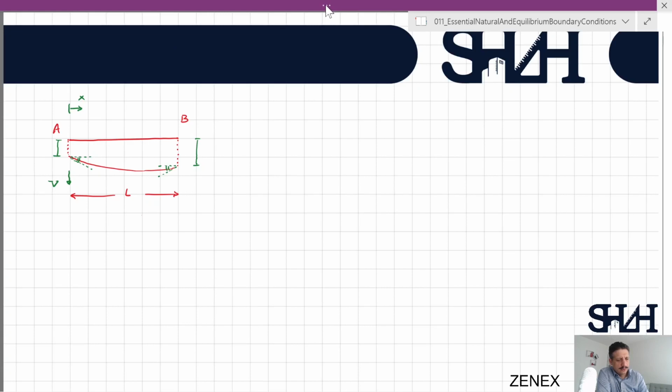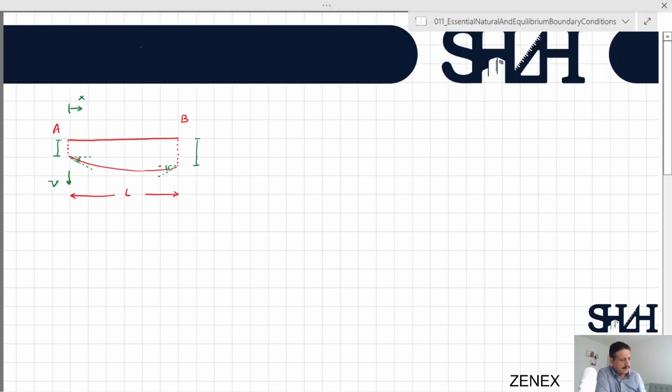According to the other video that we recorded, we know that the total potential energy of a beam, an elastic beam, is calculated according to the equation of half integral from 0 to L of EI kappa to the power of 2 dx, minus P divided by 2 integration from 0 to L of V prime to the power of 2 dx.